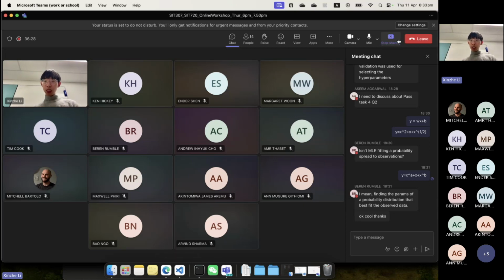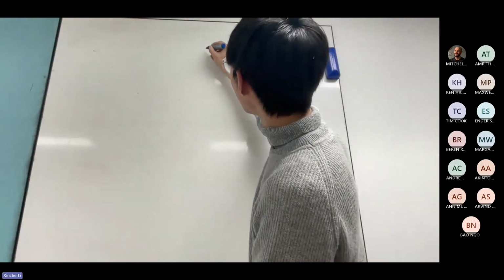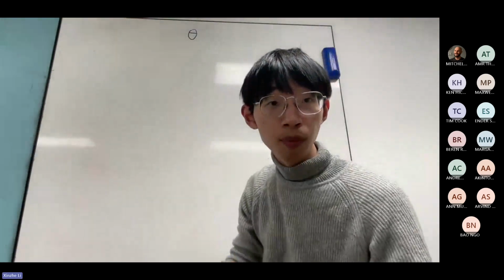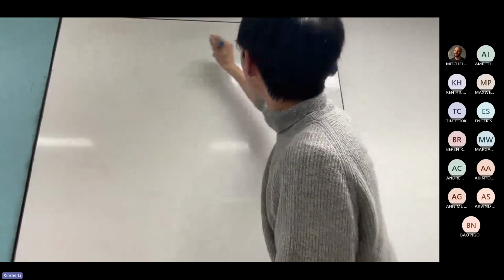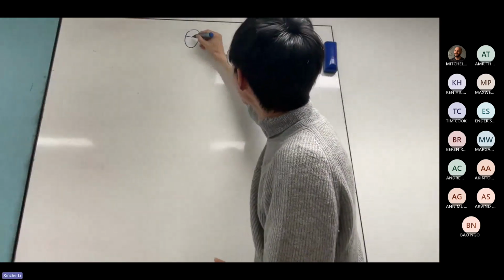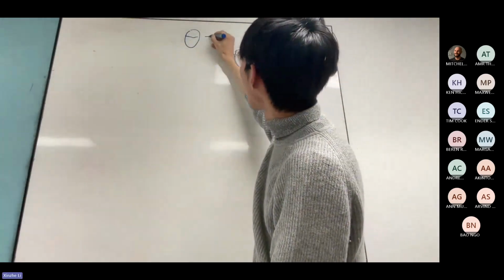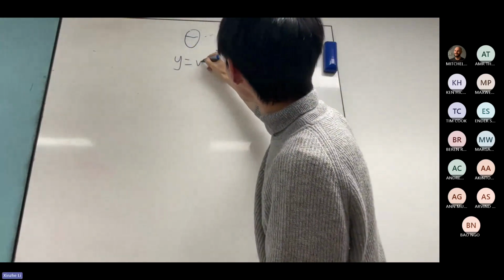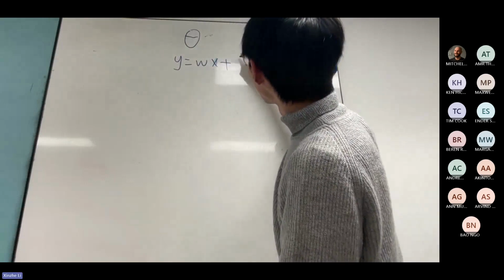Let me just formalize this problem. We have parameters, I call them theta. In linear regression, let me make it a little more concrete, we have wx plus b.